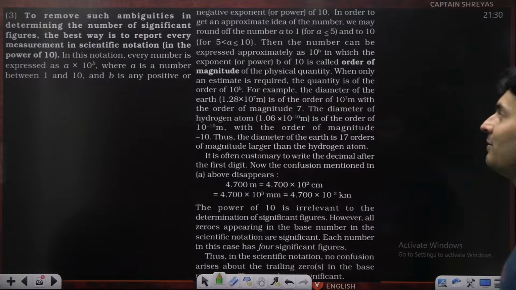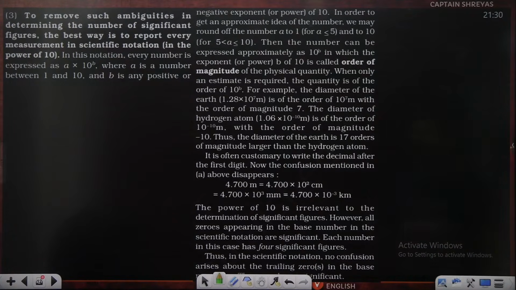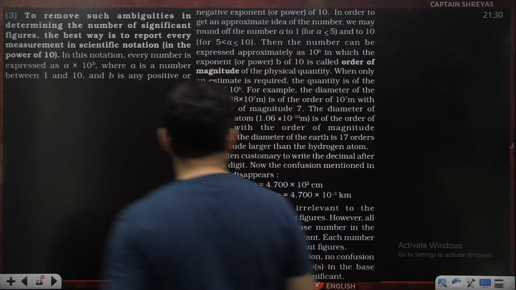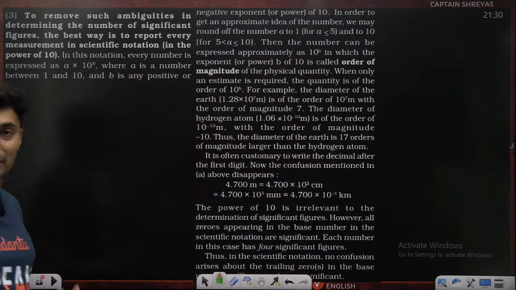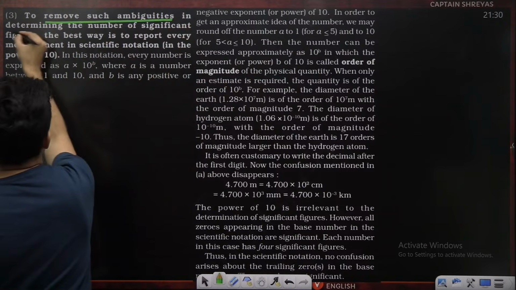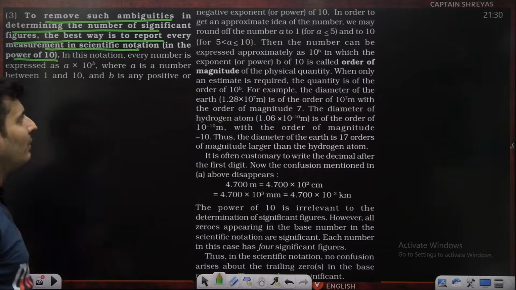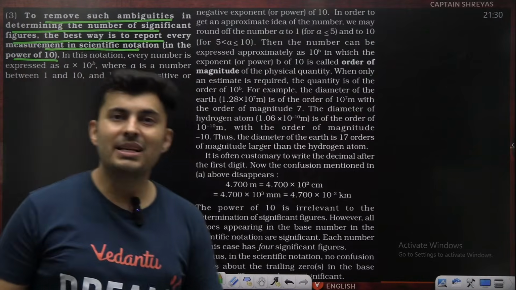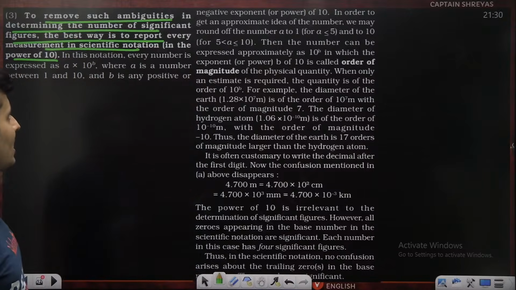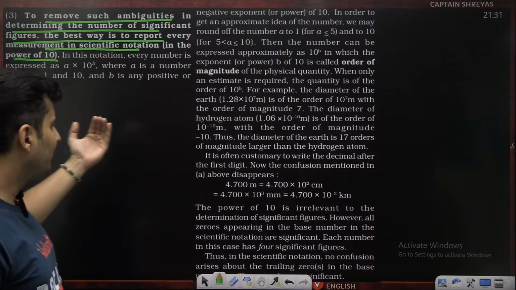To avoid that confusion, the best way to report every measurement is in scientific notation. The best way to represent any measurement is in scientific notation. Very, very important. And what is scientific notation? It is basically in powers of 10. You can use positive powers or negative powers, it doesn't matter.